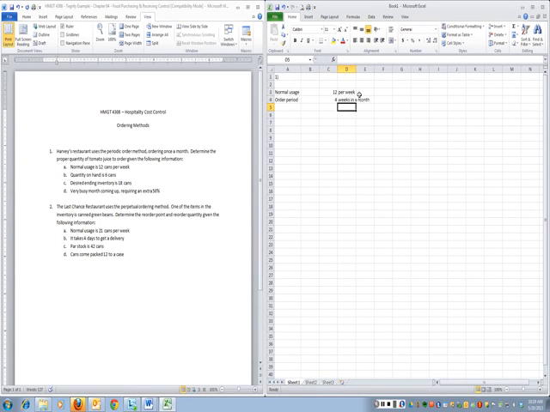So I'm going ahead and putting in 4 weeks in the month because we are dealing with our normal usage on a per week basis. So I'm trying to set these two up to match. Our quantity on hand is 6 cans.